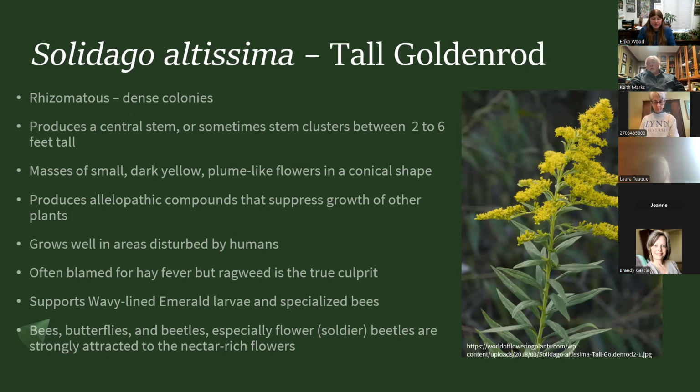Again, like asters, it's what we consider a keystone plant species that's important for our insect populations. But a lot of people think this is what causes their allergy, and it's actually not goldenrod. It's usually ragweed, which blooms about the same time, that's causing your traditional hay fever. So you don't have to freak out if you see goldenrod blooming anywhere.